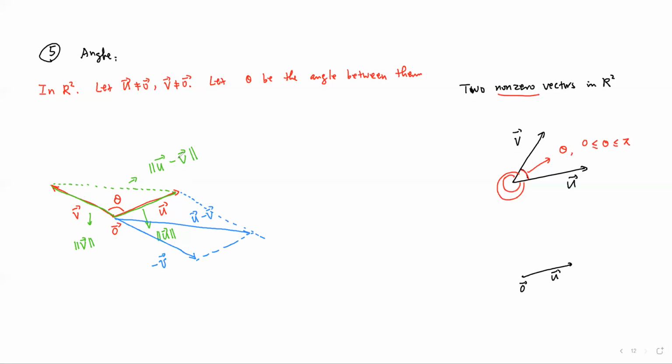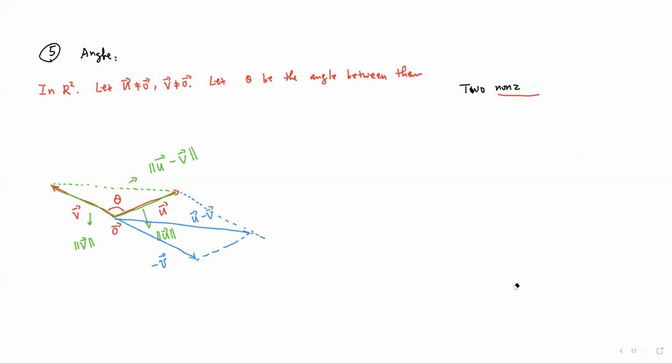Now in trigonometry, we know that we have the law of cosine. Take a review. What is the law of cosine? A general triangle. You remember that?